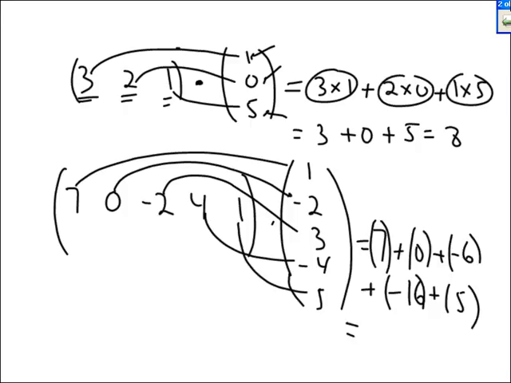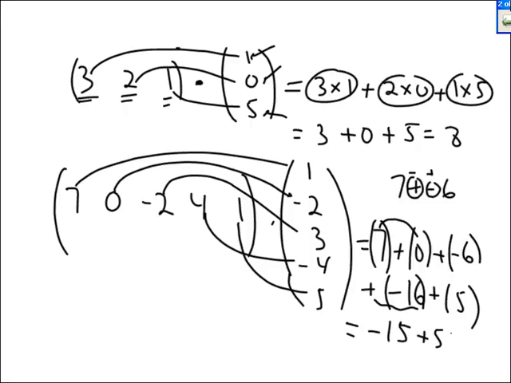Lots and lots of addition, subtraction and multiplication when it comes to dealing with matrices. 7 plus 0 is 7, plus negative 6, which is 7 minus 6, which is 1. 1 minus 16 is negative 15.